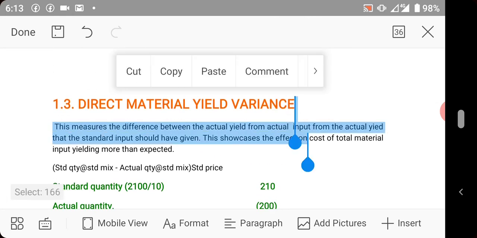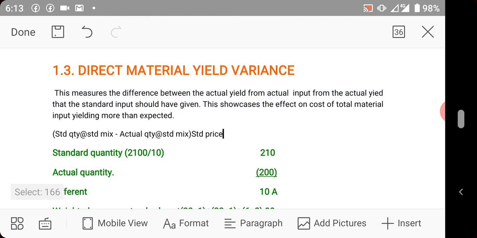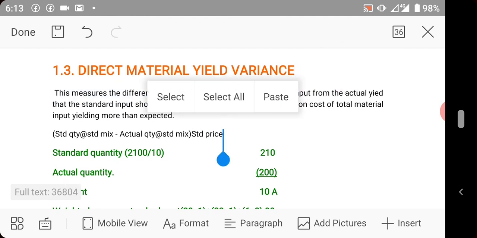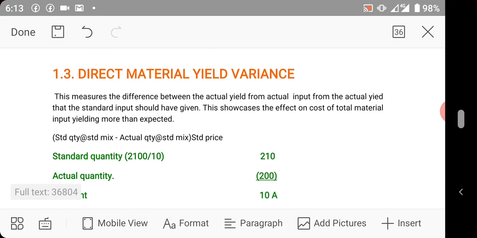So we'll now look at direct material yield variance. Now, this measures how effective we are able to use the material mixture to give more output than expected. That is the effectiveness of standard mixture to produce more output.